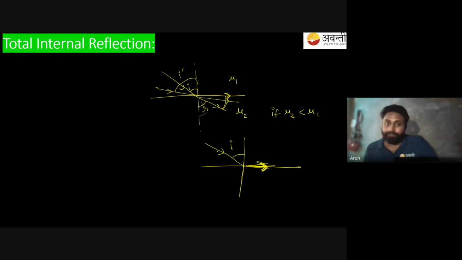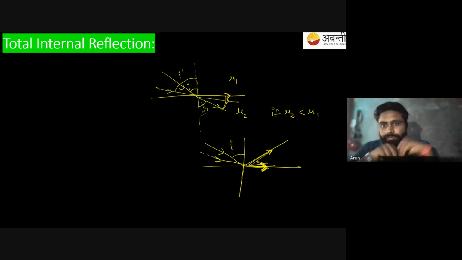Further, if I increase the angle of incidence, what will happen? The ray will completely get reflected. There is no part of the ray going inside the medium. This phenomenon is termed total internal reflection. Why is it different from reflection? Because this phenomenon takes place internally.